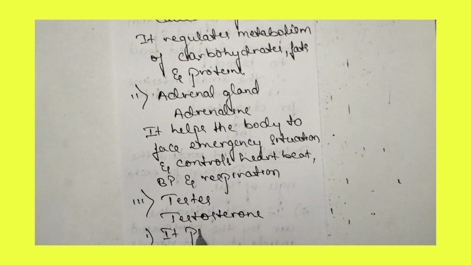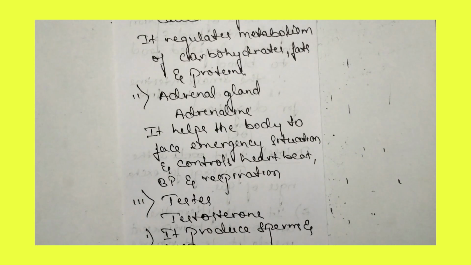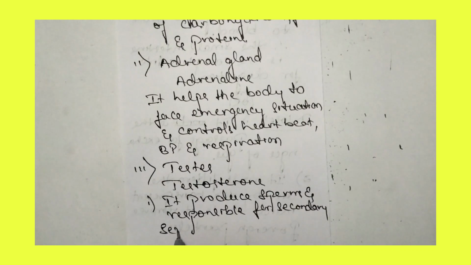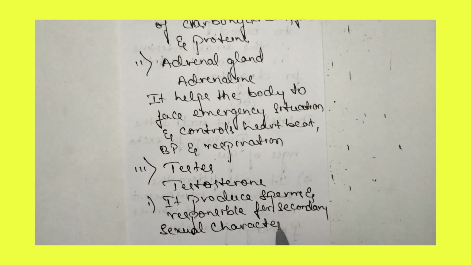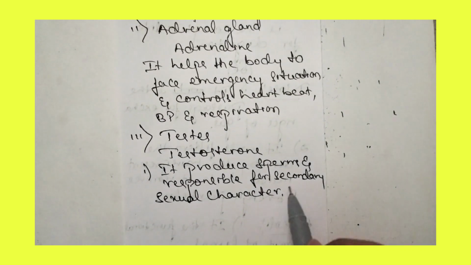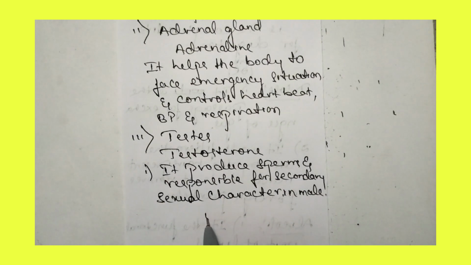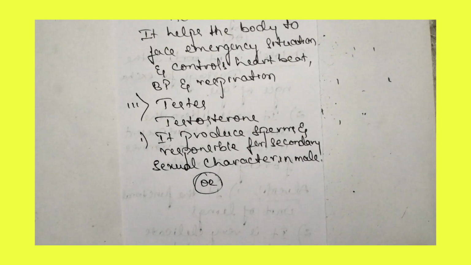It produces sperms and is responsible for secondary sexual characters in males. So this is the answer for the three types of glands and their secretion with their function.